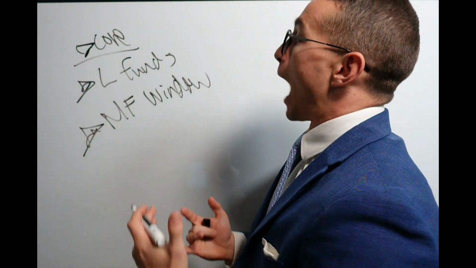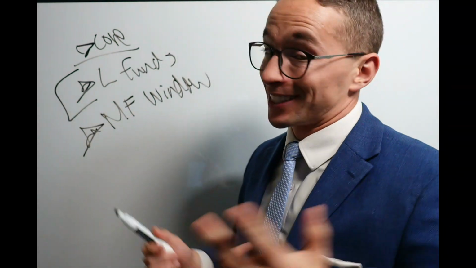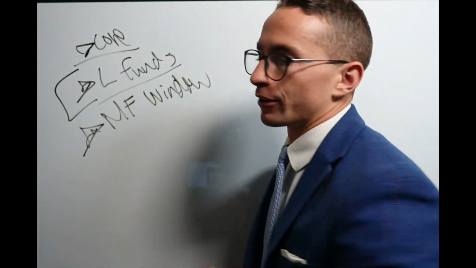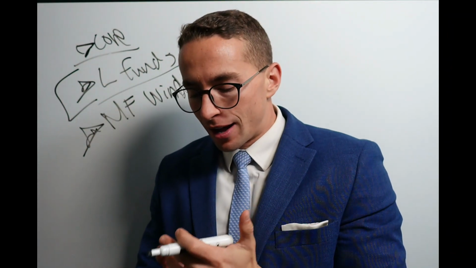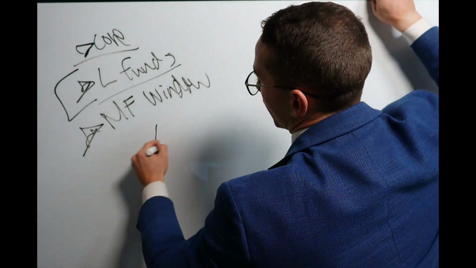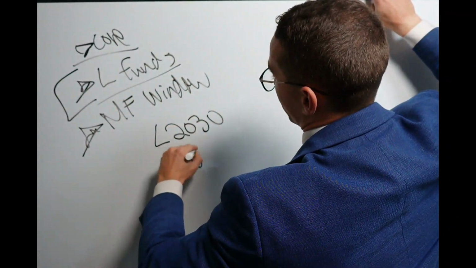However, the L funds are what many of you here right now are invested in. I know it because I talk to lots and lots of federal employees, and a huge portion of feds are in the L funds. Now, what are the L funds? L funds basically are funds that look something like this, where you may be in the L2030 fund or the L2045.